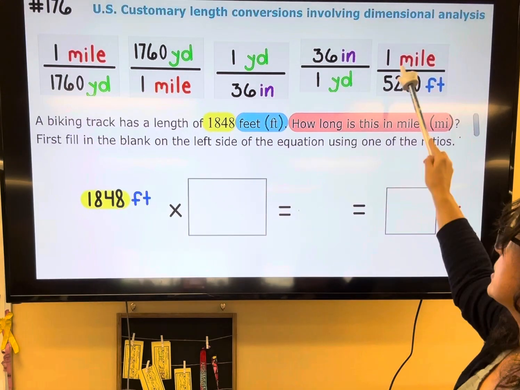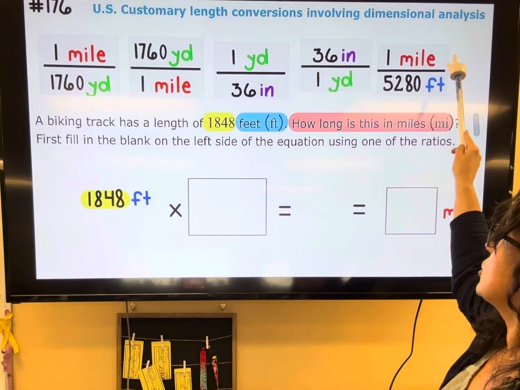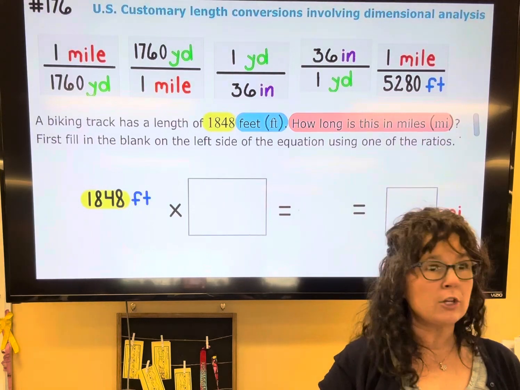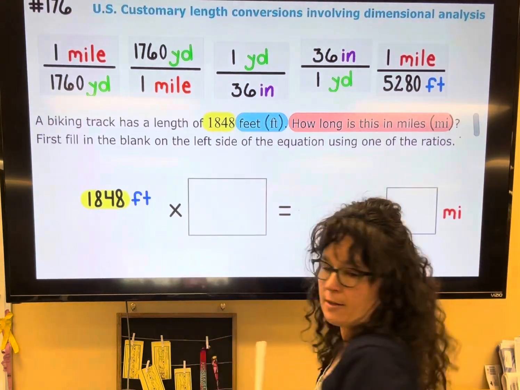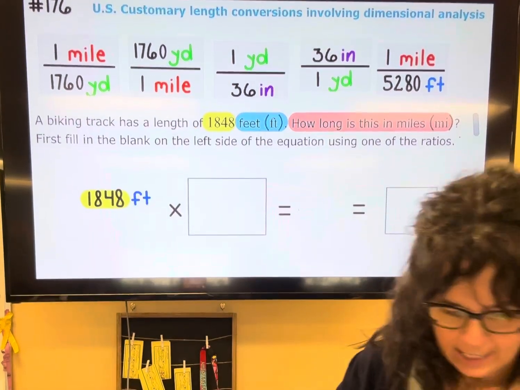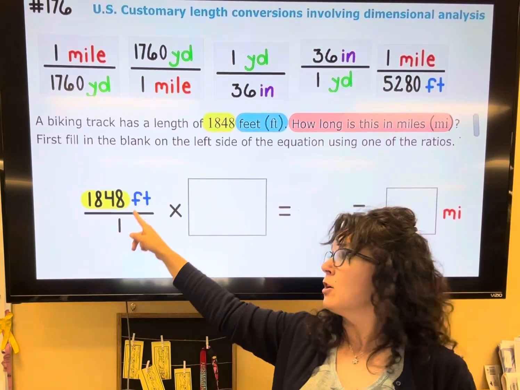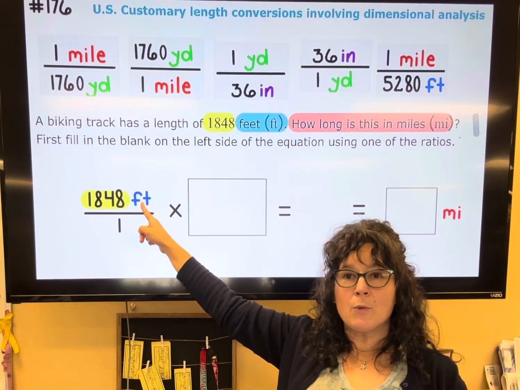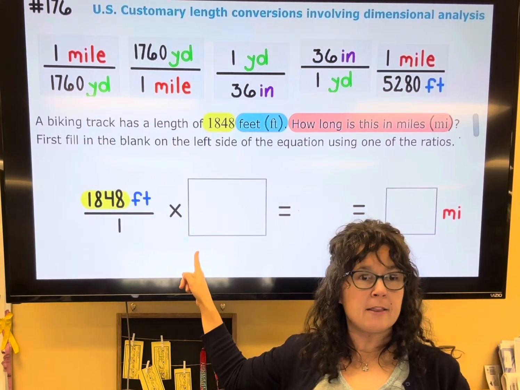But sometimes you'll see 1 mile over 5,280 feet, and you'll see 5,280 feet over 1 mile, and you have to decide which one to grab. Knowing that labels cancel, any number can be put over 1, so the label feet is in the numerator. If I want to get rid of feet in the top, I want to put feet in the bottom.